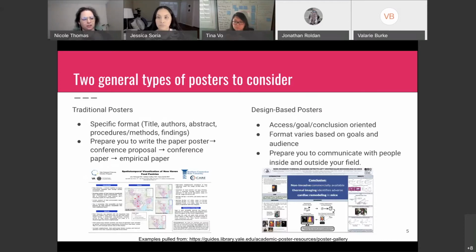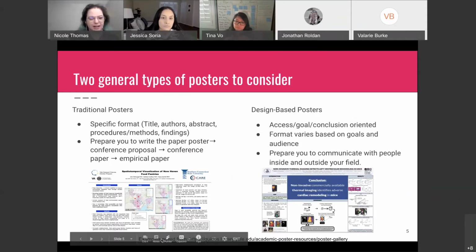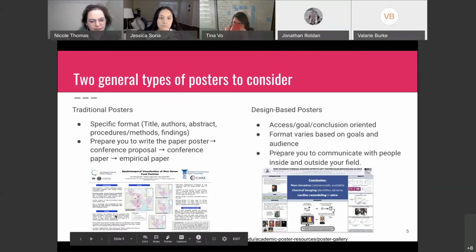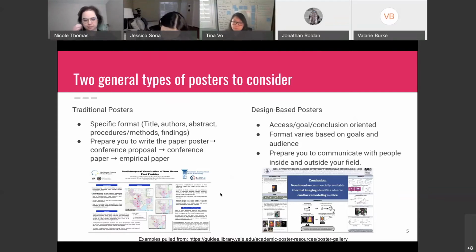So you have your title, you have your authors, you have your abstract, procedures, methods, as well as your findings. In this, you can see that it's structured to read through the poster. So you have your title here, your introduction here, your methods right below that, your results in the middle, and then your contributions and next steps down at the bottom right-hand corner.